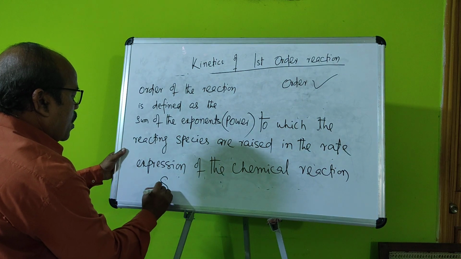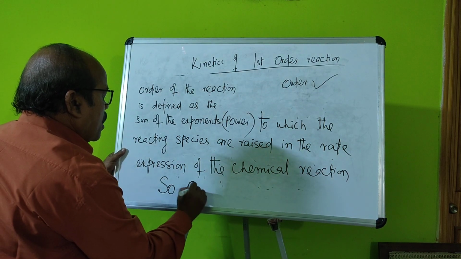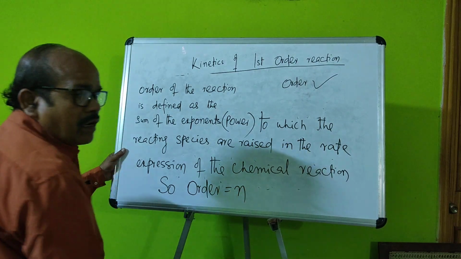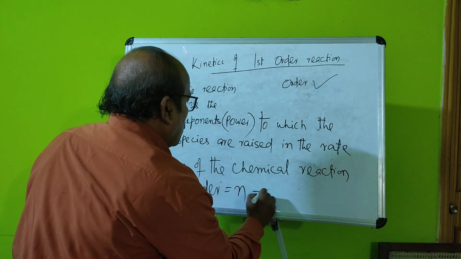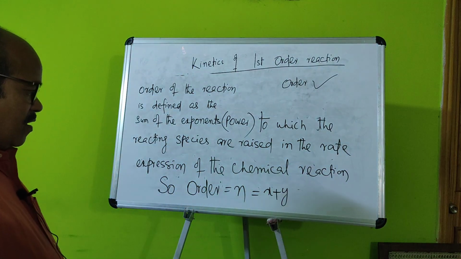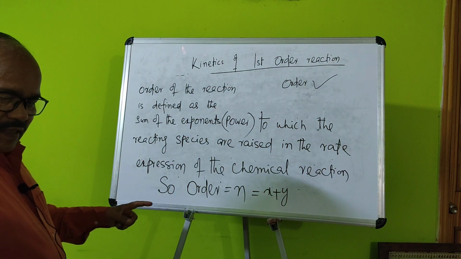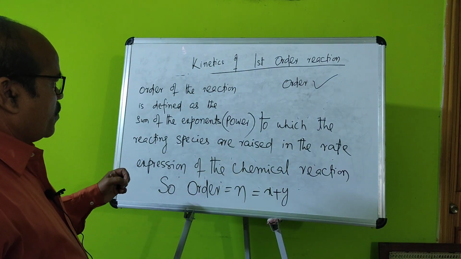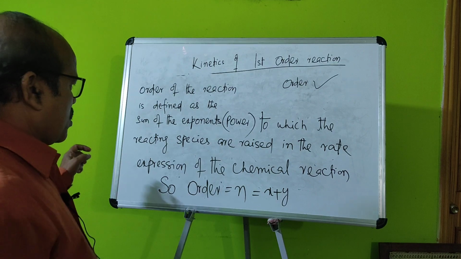So order is equal to n, that is equal to x plus y. This is the modern definition, or the actual definition, of order of the reaction.